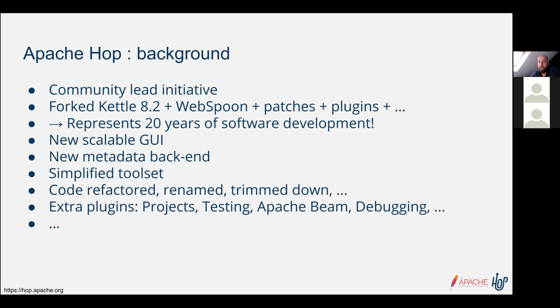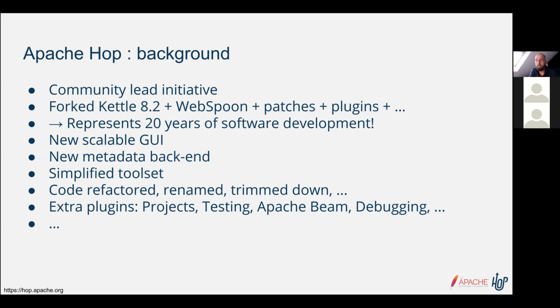A bit of background about Apache Hop. Hop is entirely community-led, so there's no corporation, no large company that owns Hop. We started in late 2019, a year and a half ago, as a fork of the Kettle project, which you may also know as Pentaho Data Integration.